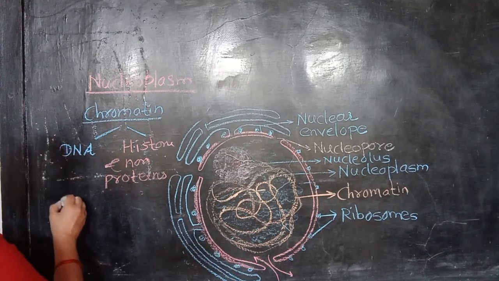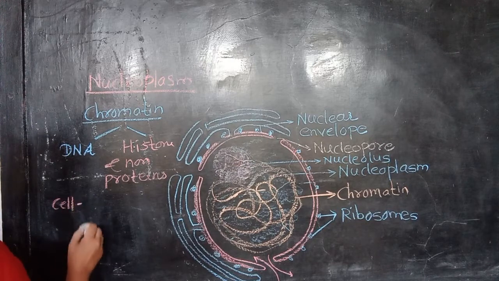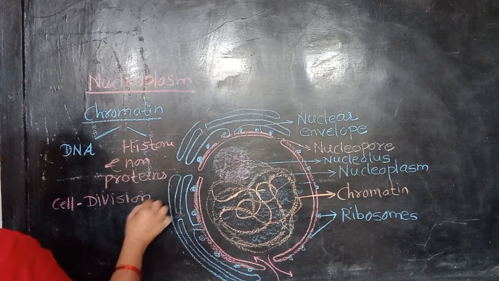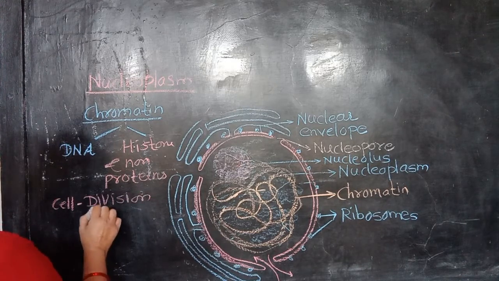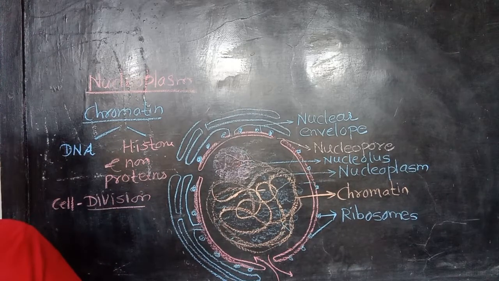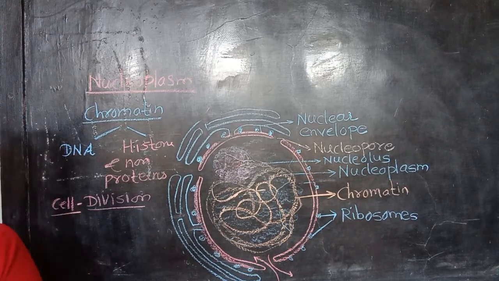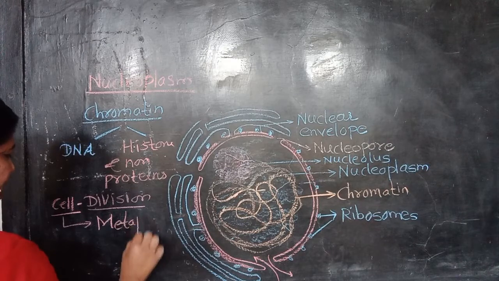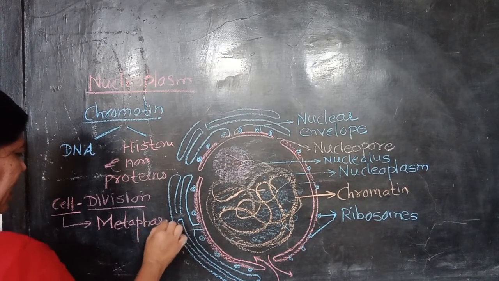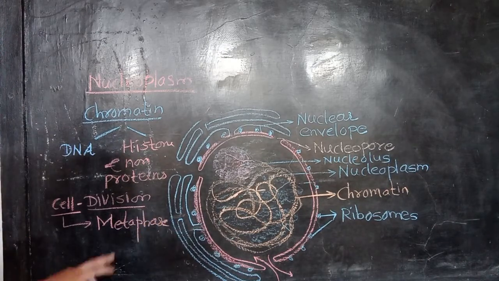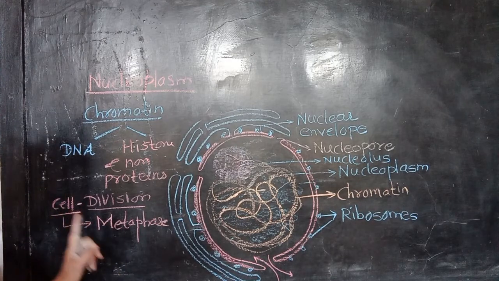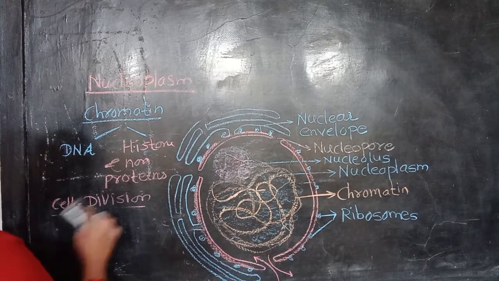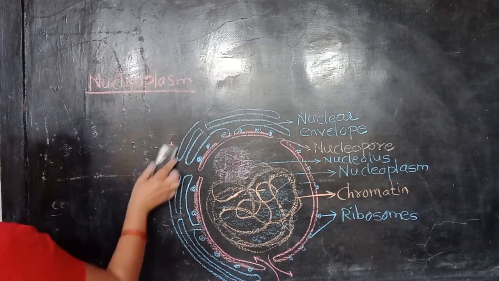So when any cell undergoes division, may be mitosis or meiosis, when the cell is in metaphase. Metaphase is one of the stages of cell division, that is mitosis. We will explain it.